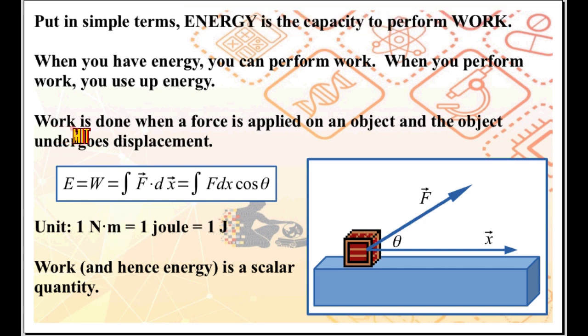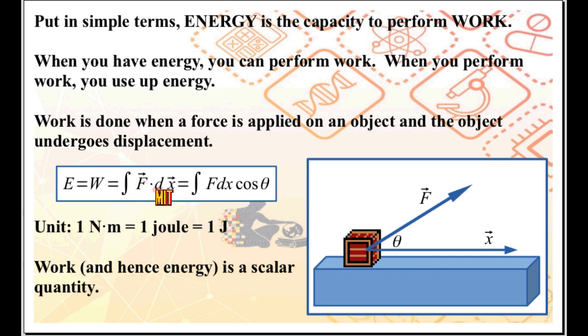And we perform work when a force is applied on an object and the object undergoes displacement. You have an object and you have a force applied on that object. If that object undergoes a displacement x, that force performs work W. And work W in this instance is equal to the integral of F dotted with dx.